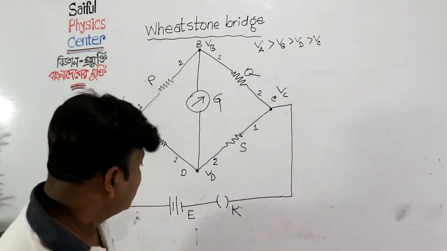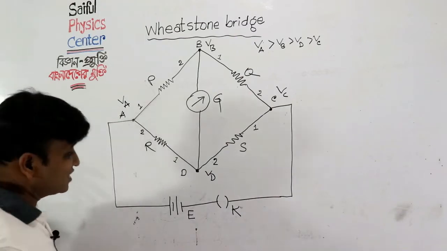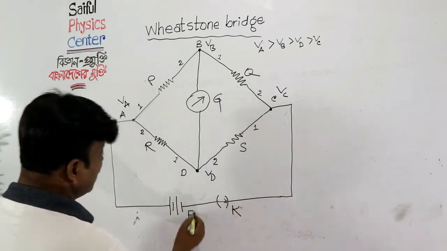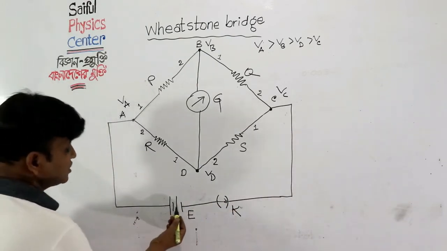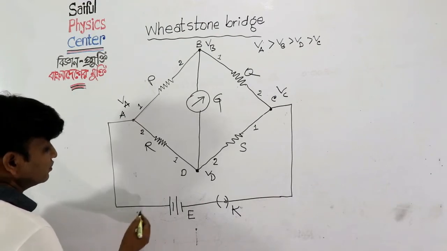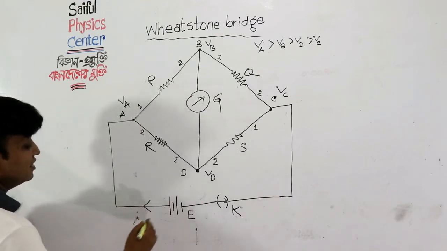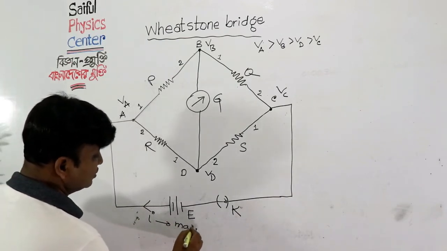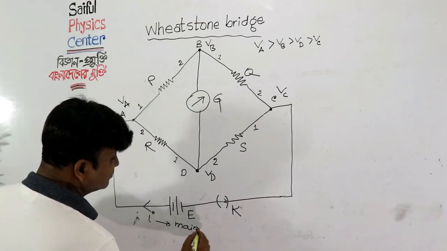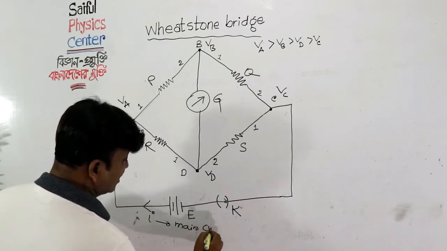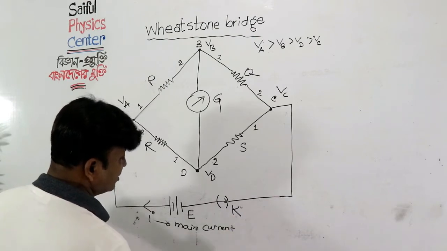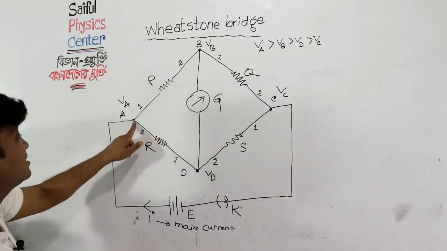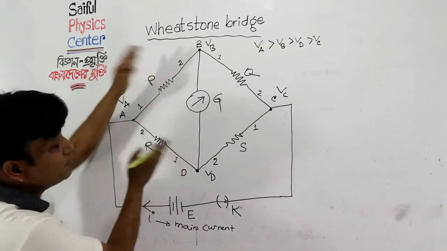Now the working of this circuit. When we switch on the key, current flows from the battery. Suppose the current flowing from the battery is I. This current is called the main current. When the main current reaches point A, it divides into two paths.